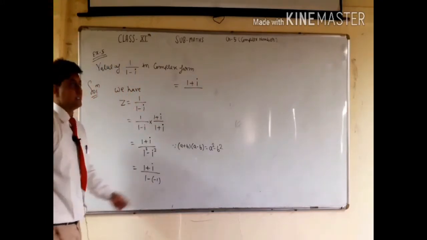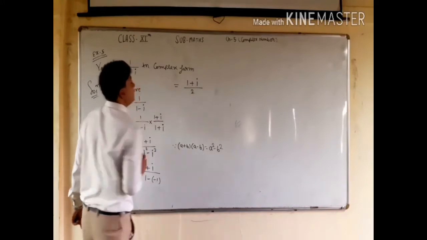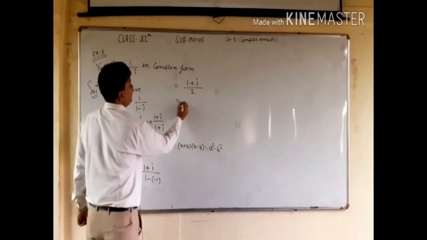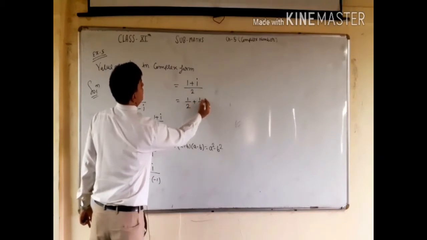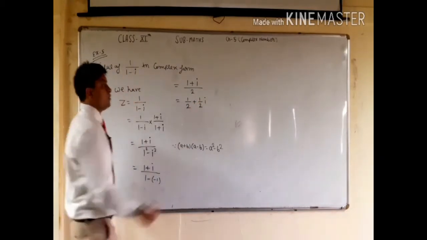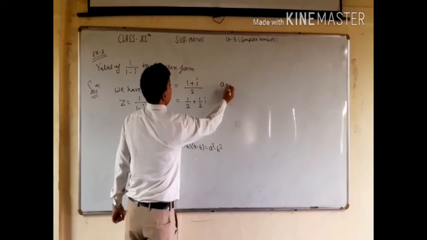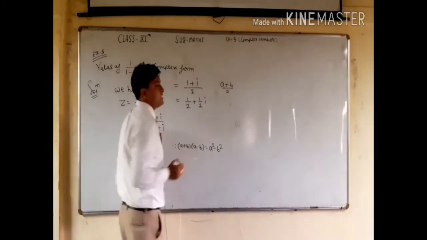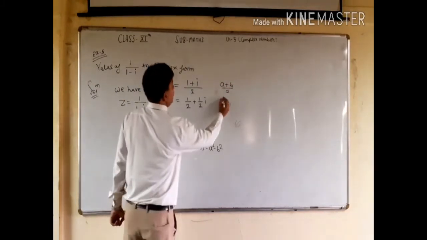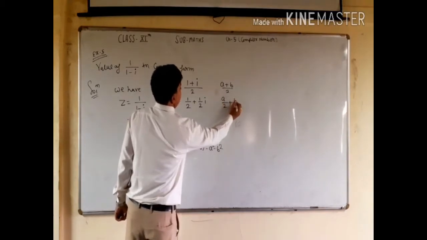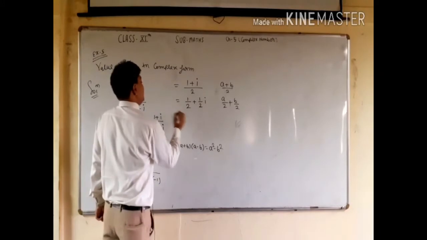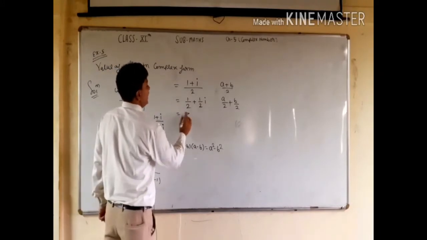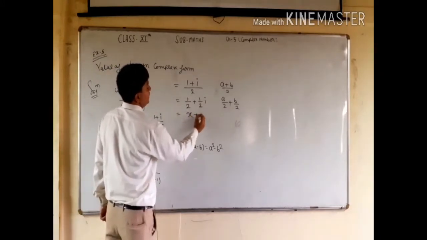1 plus 1 is equal to 2. Now this is equal to 1 upon 2 plus 1 upon 2 iota, because we know that if a plus b upon 2, then we change it in the form a upon 2 plus b upon 2. So this is in the form of x plus iota y.